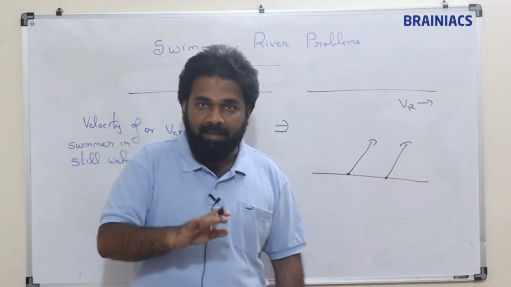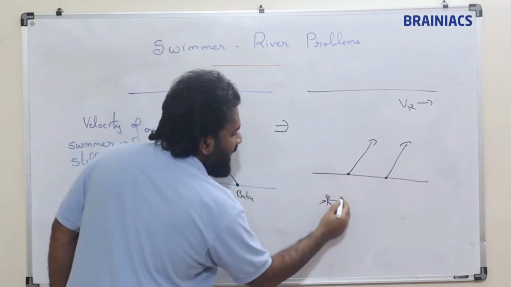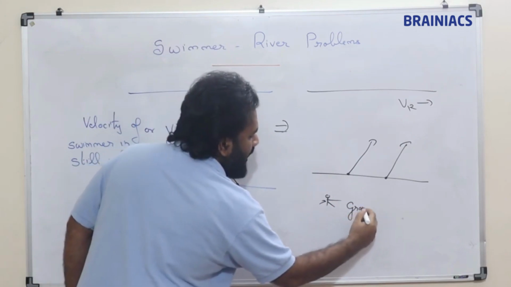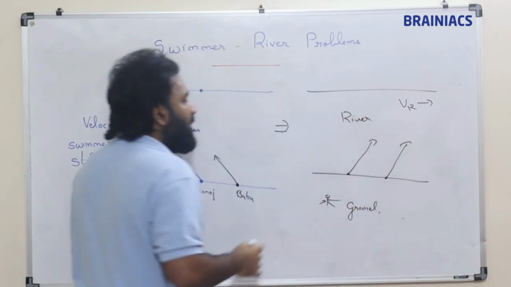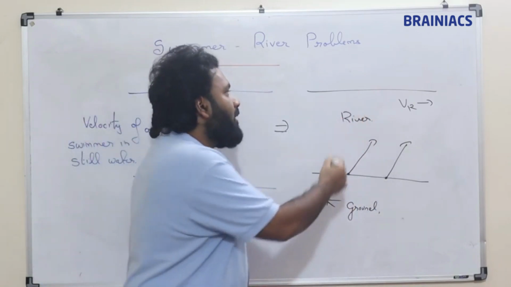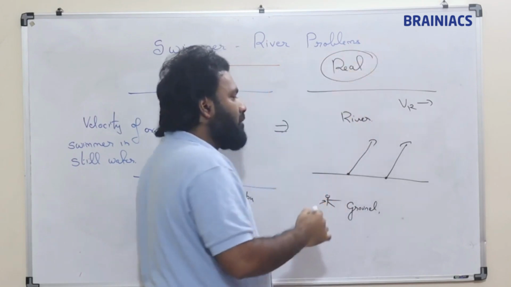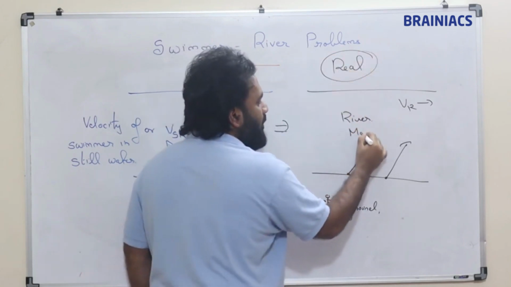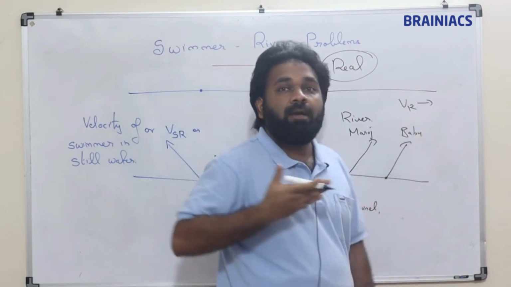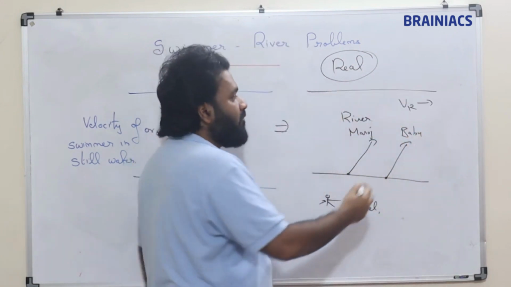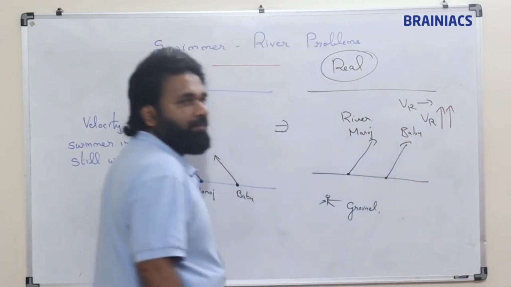In reality, for a person looking from the ground, this is the ground, and this is the river. For a person looking from outside, we could see that Manoj and Babu are drifting in that direction just because the velocity of the river is too much.